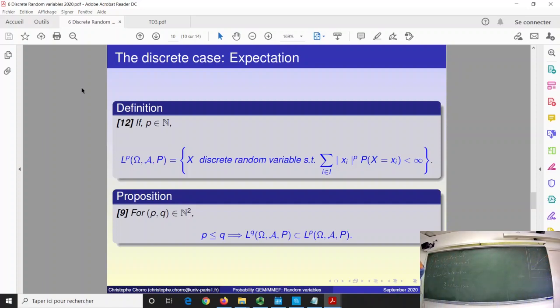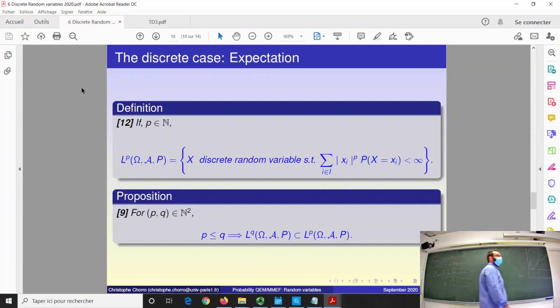So my job now, in order to prove this one, is to prove that if I have this hypothesis, this one is also finite. It's my job if I want to prove that Lq is included in Lp. So my hypothesis is this one: I am in Lq.